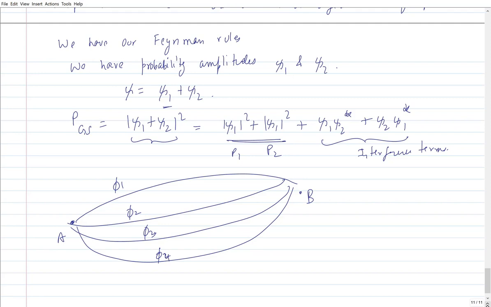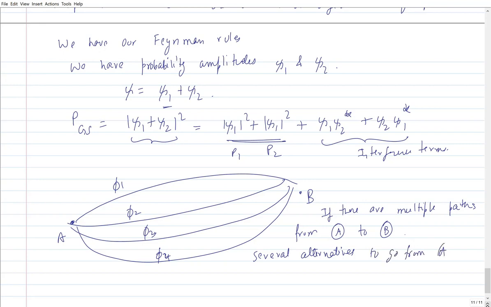And lo and behold, if there are multiple paths from A to B, so that means I have several alternatives to go from A to B, and all the probability amplitudes add up.